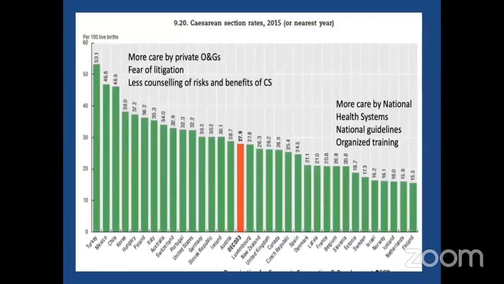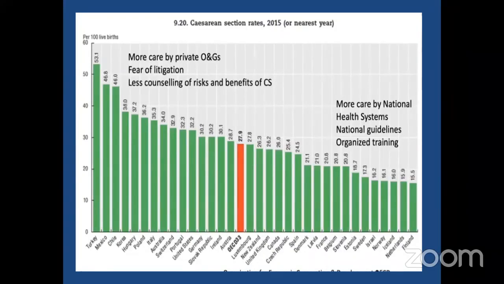Okay. Now, this is another graph, or rather say a bar diagram. It is doing a bit more. Not only is it looking at the Caesarean section rates, it has divided the countries into two sections.